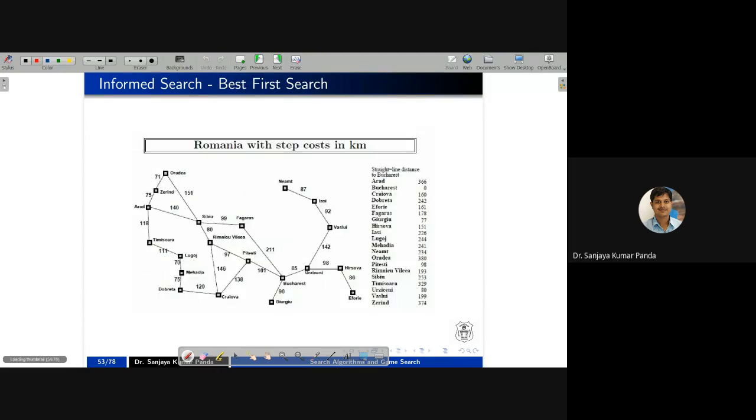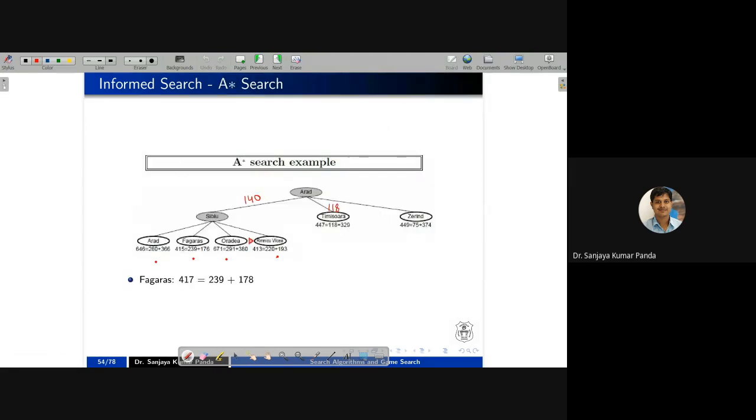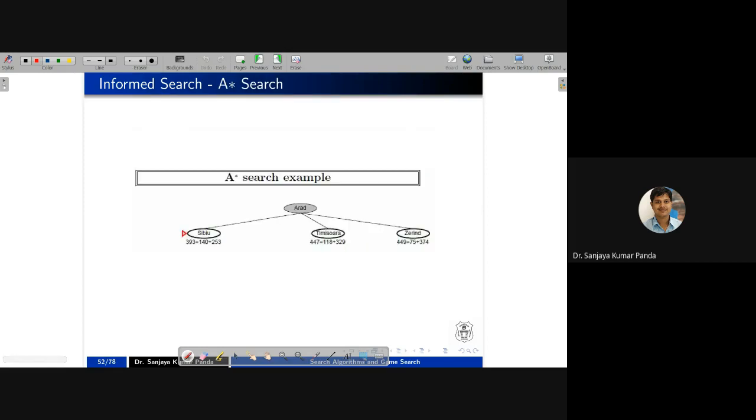The cost from A to Z is 75. You can see these values. But you have decided to expand S because S is the least cost among all three. This is the least cost, right?